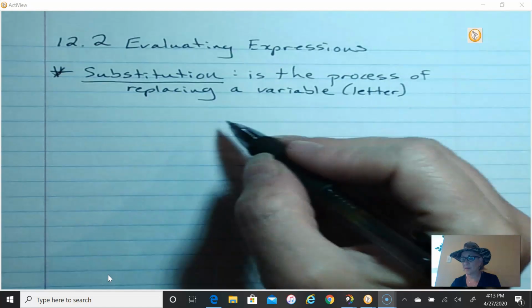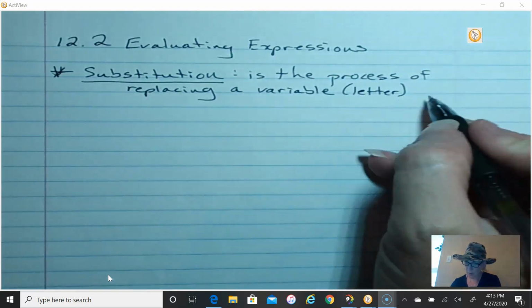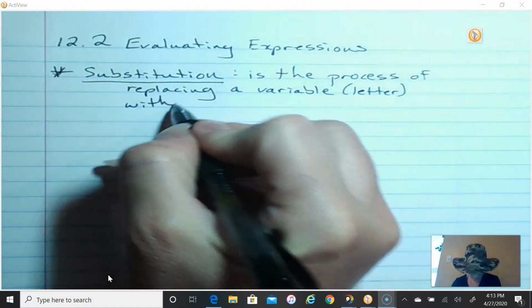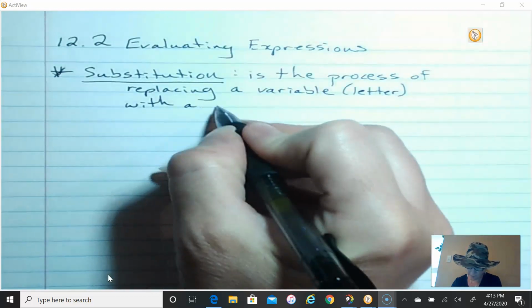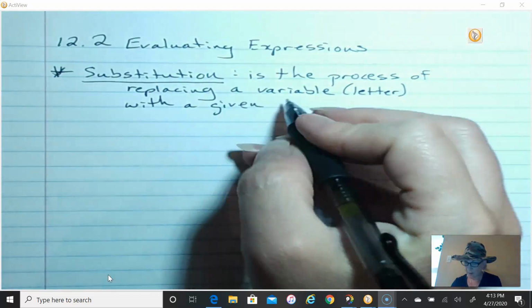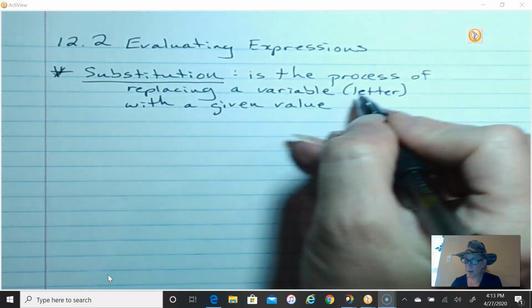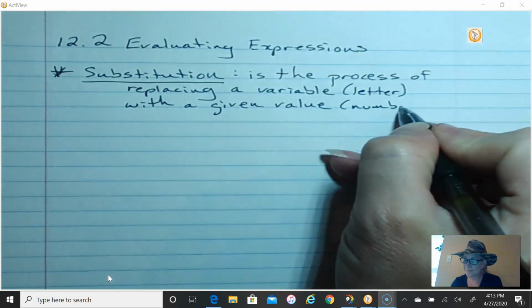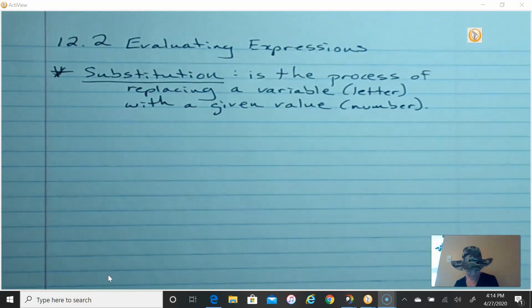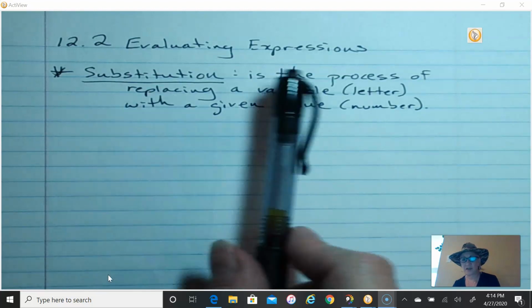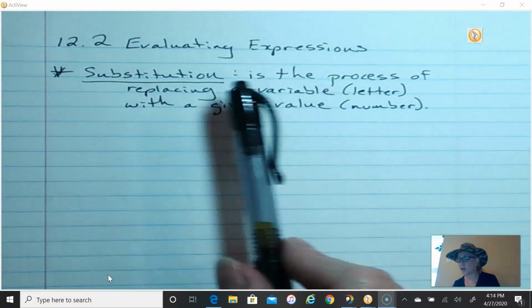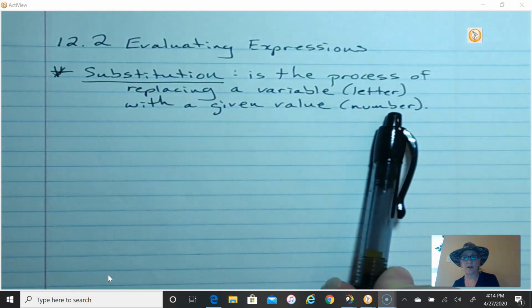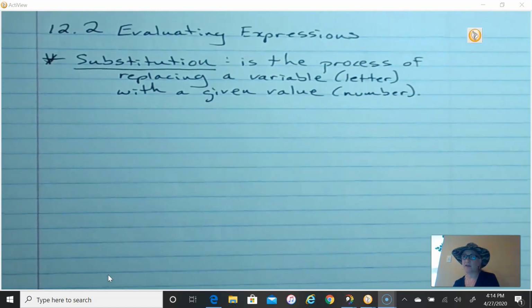So it is the process of replacing a variable with a given value. And what they mean by a given value is a number. So substitution is the process where you replace a letter with a number. They're going to tell you, turn the Z into a 4, turn the X into a -3, etc.